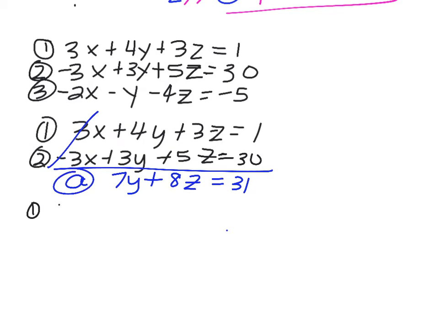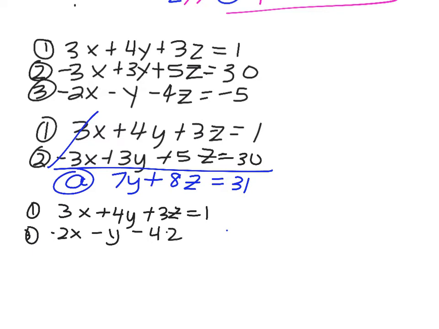All right, so 1 is 3x plus 4y plus 3z equals 1. And 3 is negative 2x minus y minus 4z equals negative 5. Okay, so I'm going to have to get rid of the x's. So I'm going to have to multiply the top one by 2 to make it 6x and the bottom one by 3 to make it negative 6x.